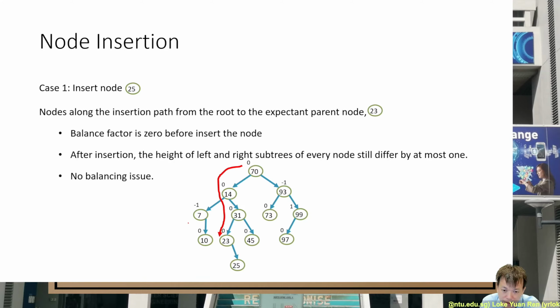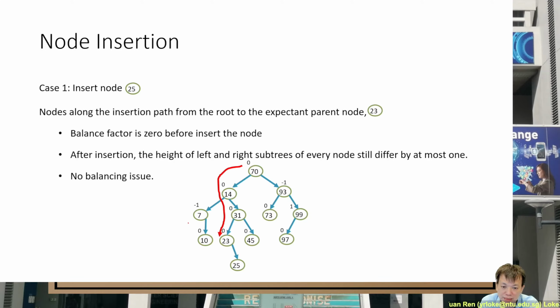31, these nodes, left side 2 nodes, the height of the left subtree is 1, the right subtree is 0, so 1 minus 0 you get 1, so still balanced. Then node 14, you have 1, here 2, so 1 minus 2, you still get -1, still balanced.